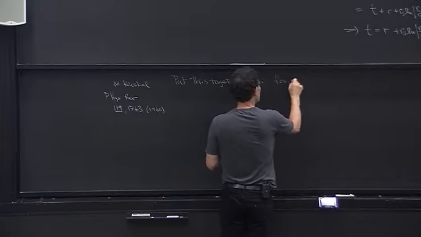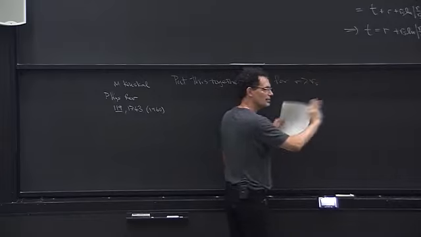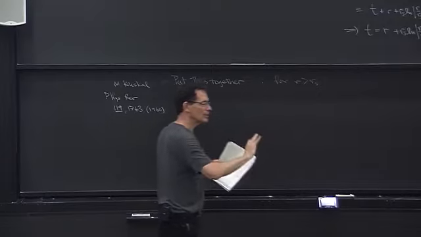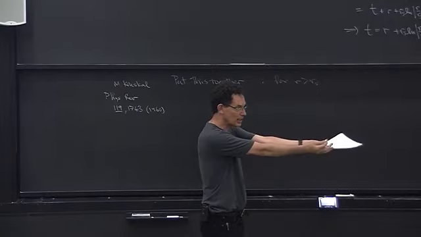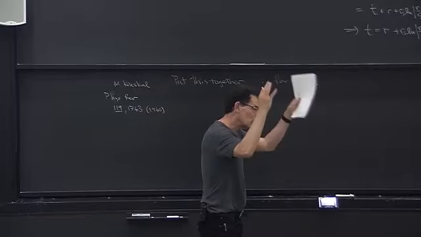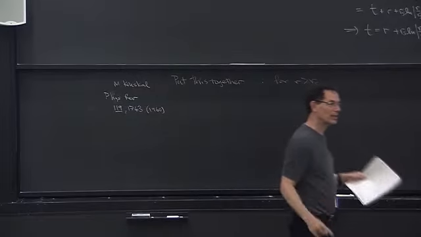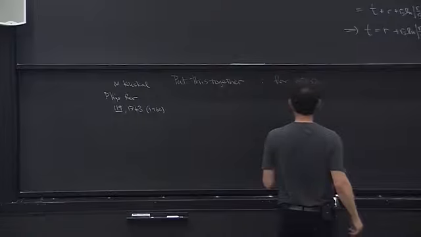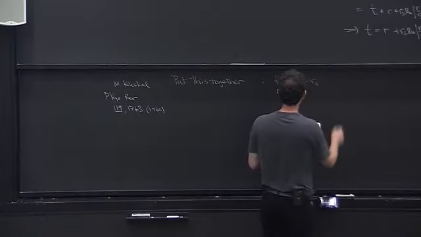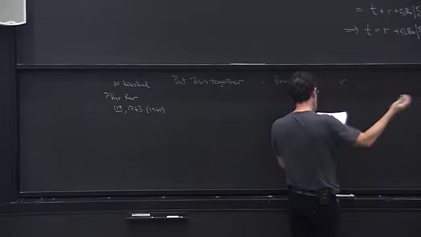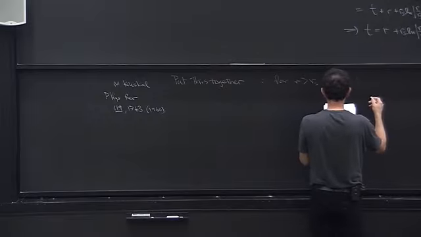So for r bigger than rs, where everything is clear-cut and none of these coordinates are singular, let's now do our coordinate transformation outside rs, and then we'll try to get some good coordinates that are valid everywhere, except at the singularity r equals 0, where the metric is singular.